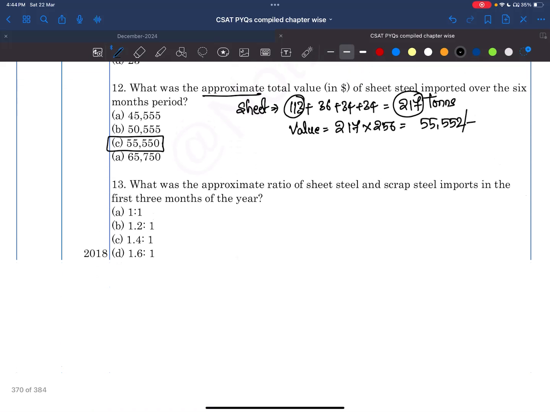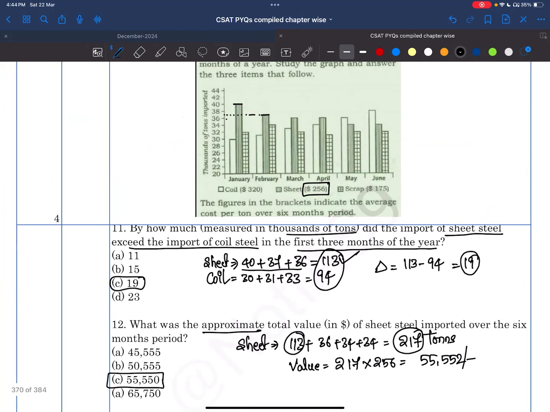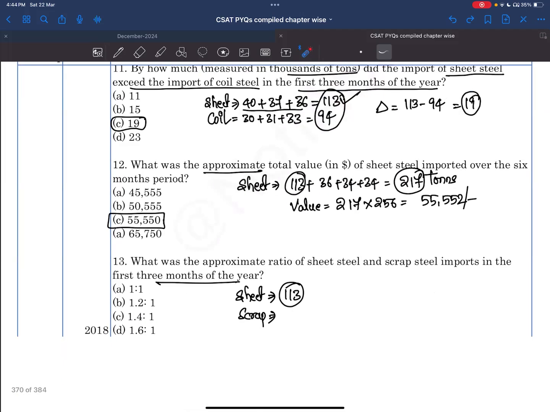The next question. What was the approximate ratio of sheet steel and scrap steel import in the first 3 months? Okay. We know the sheet steel value in the first 3 months, that is 113. Now let's calculate for the scrap steel. Scrap steel means these boxes. First one 32, second month 34, third month 32. Okay.